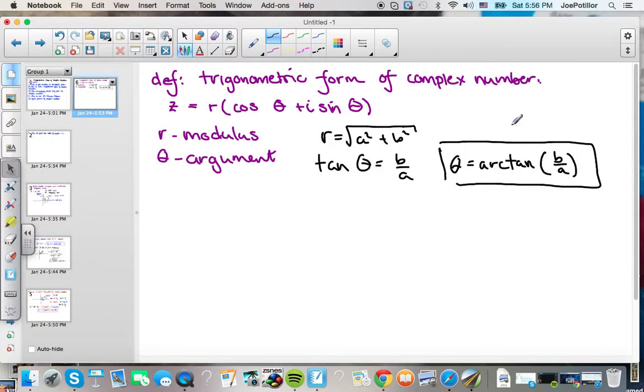Everybody with me? Great. Now, let's convert a regular complex number into its trigonometric form. So let's do an example of how to do that.